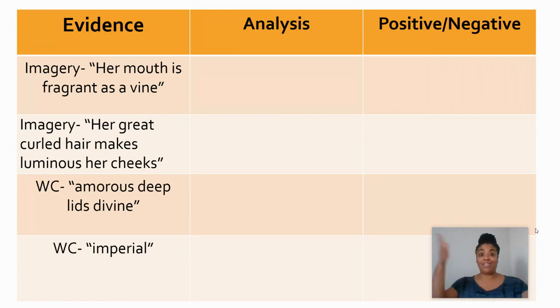Think to yourself, think aloud, share with your neighbor if you're studying with a classmate, and just think, what picture did this paint in my mind? "Her mouth is fragrant as a vine." Now that we've had time to think, we are going to write our analysis.